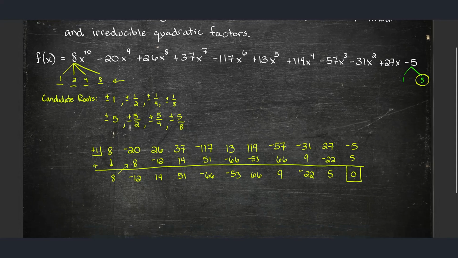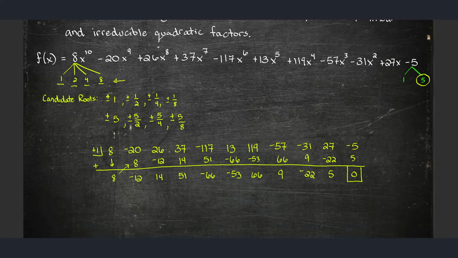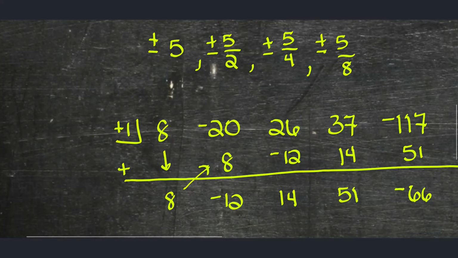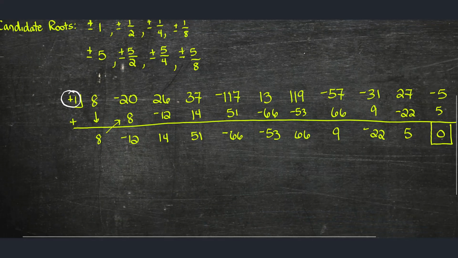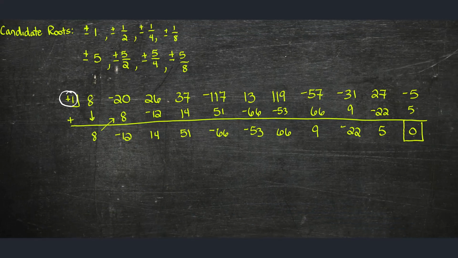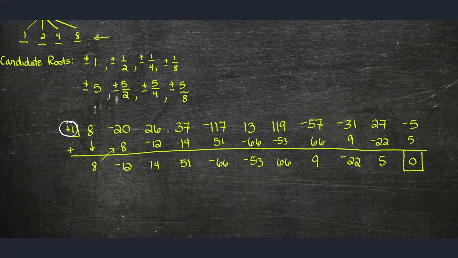So I'm going to keep a list of those factors. Actually, maybe I will go ahead and box this up in white when we find a 0, or in other words, a factor.